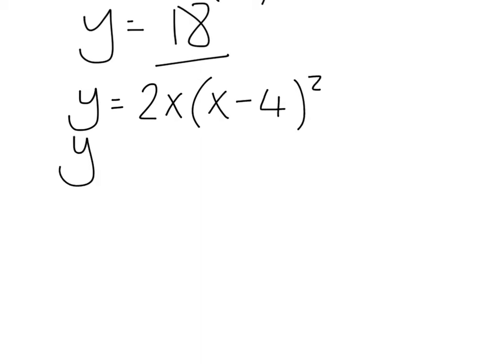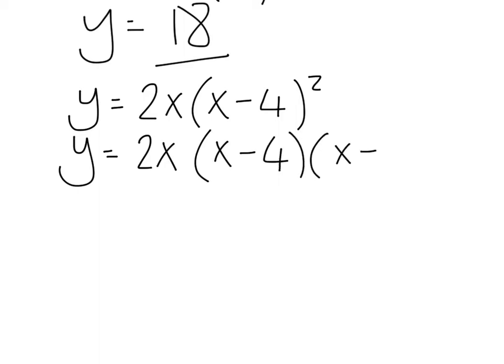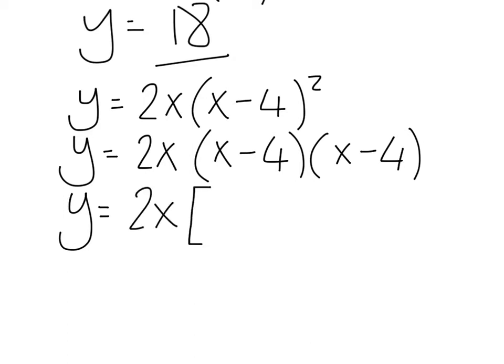To prepare it for differentiation, we must remove the brackets, which means it's going to be 2x times (x minus 4) times (x minus 4). Multiplying those two brackets gives us x squared minus 8x plus 16.